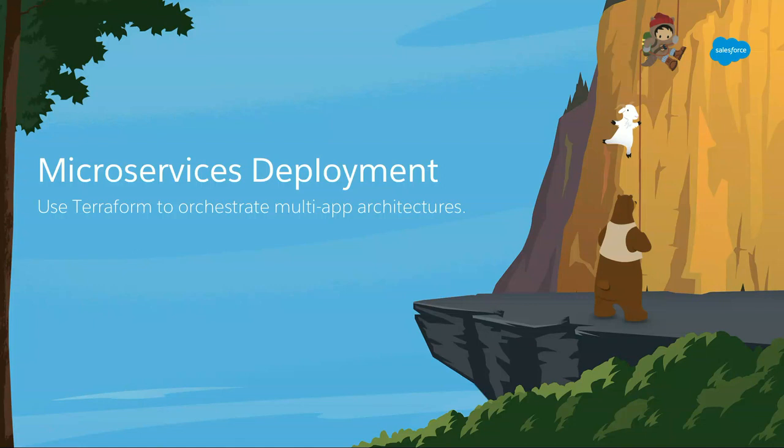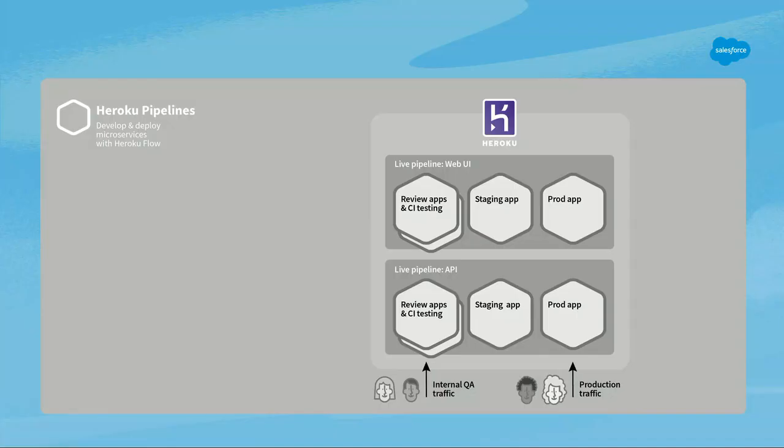So with that premise, I want to talk about actually deploying microservices. So when we talk about microservices, this is kind of the smallest case, right? Two applications on Heroku. Each of these horizontal gray sections represent a Heroku pipeline. Are you folks familiar with Heroku pipelines yet? Heroku Flow?